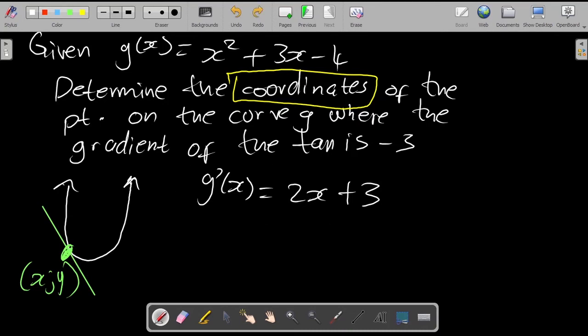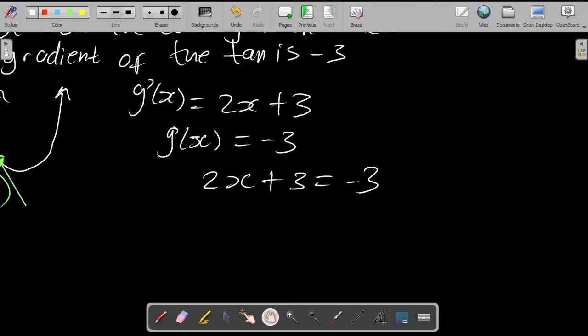So this is the gradient along the graph, along the white graph. That is the gradient. Now we are given the gradient, so we can equate this to the gradient that we're given. And if we equate this gradient formula to the gradient that we're given, we can find where that gradient holds.